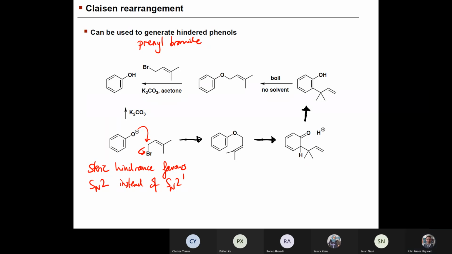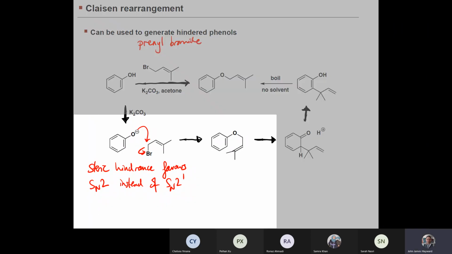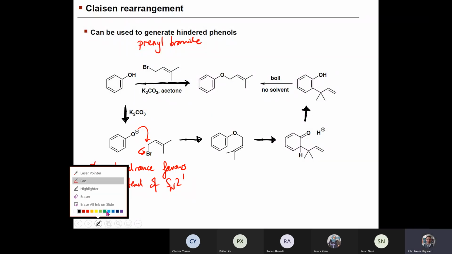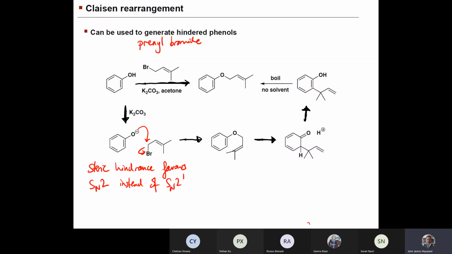Sorry about that. Okay, so base deprotonation, SN2 instead of SN2 prime, and then we get our pericyclic rearrangement.